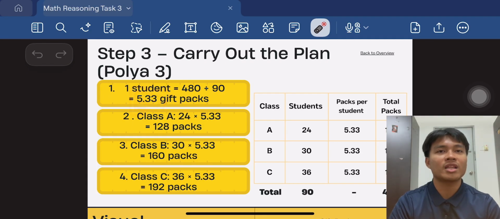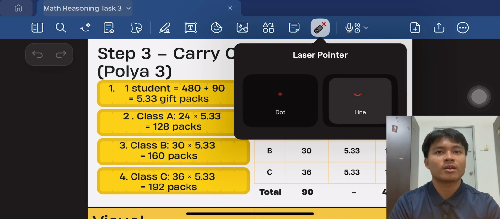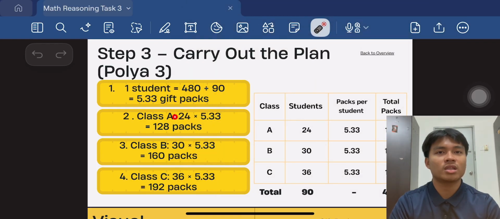So when we multiply it, Class A, 24 students times 5.33 gives 128 packs. Class B, 30 students times 5.33, we get 160 packs, and Class C, 36 students times 5.33 gives 192 packs.